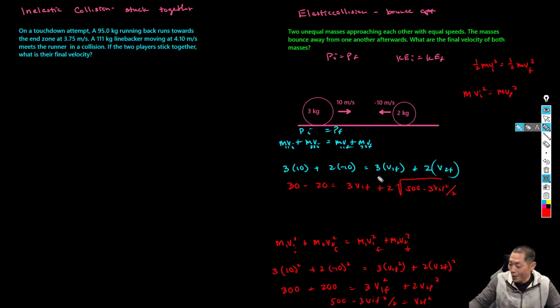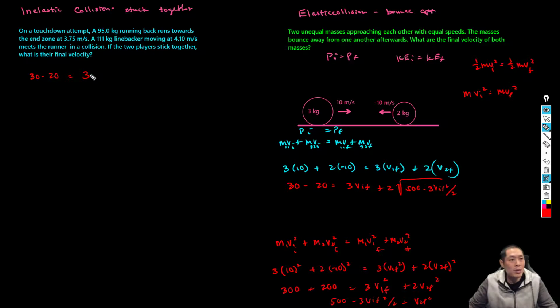I'm going to rewrite this entity right here. So 30 minus 20 equals 3. Now, you have a choice. You could keep the substitution that you have here, v1, ball 1's final velocity. Since we kind of know what it is, you could just drop that, but you have to keep in mind this is what we're solving, the final velocity of ball 1, and then come back to it.